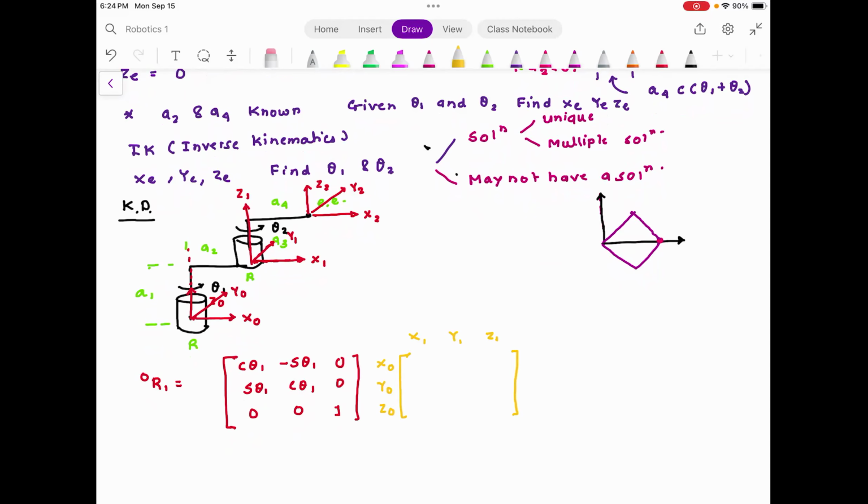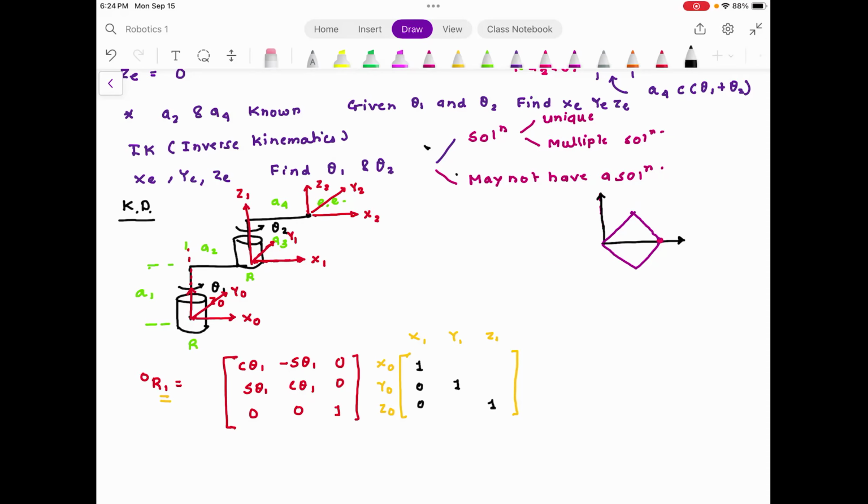So this is the projection of. This is the new frame. So please note, this is the new frame, and x0, y0, z0 is the old frame. Now I want you to look at x1. Can you see x1 is aligned with x0? y1 is aligned with y0. z1 is aligned with z0.